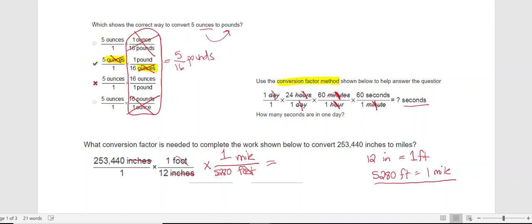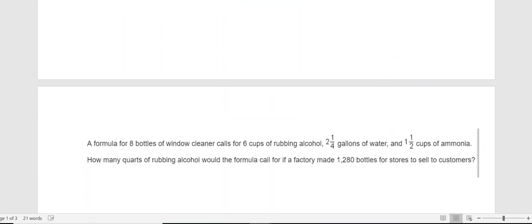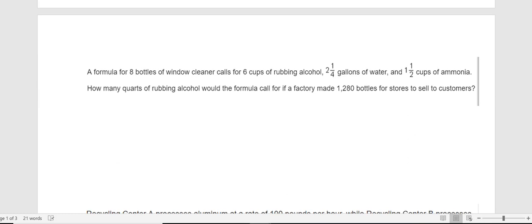Okay, there are other ways, and in this first example here, there's a couple different steps to solving this problem. They're giving you the amount of rubbing alcohol, water, and ammonia that you would need to create 8 bottles of window cleaner.